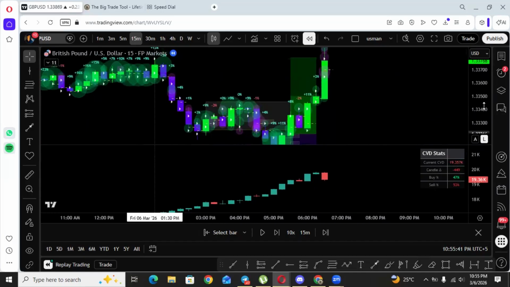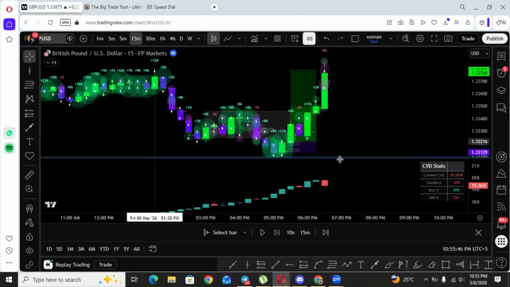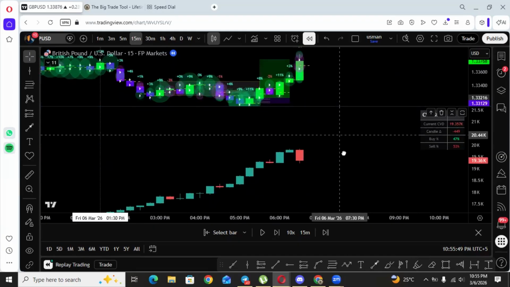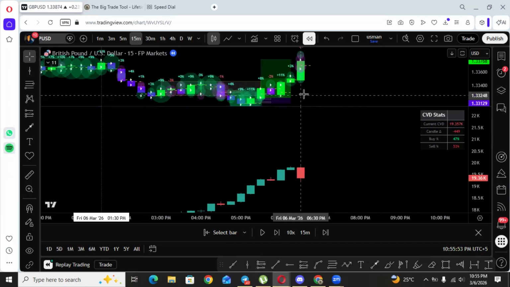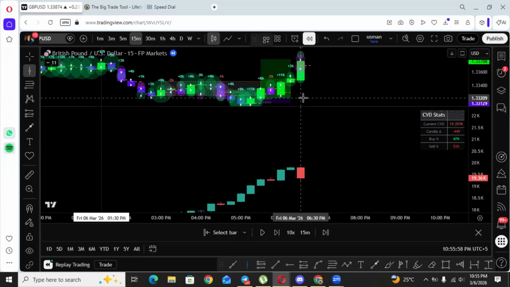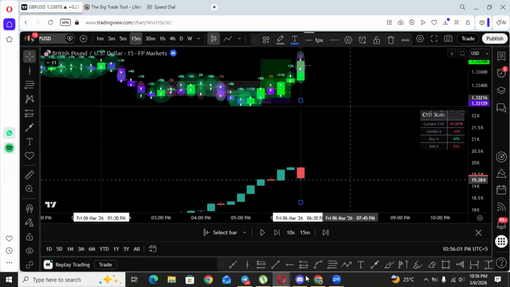So if someone has missed this move, how will he enter in the next move? What you can see here, when this candle forms, let's mark this candle. What is happening at the institutional level? What are they trying to do? When this buy candle forms, what happened at this point?